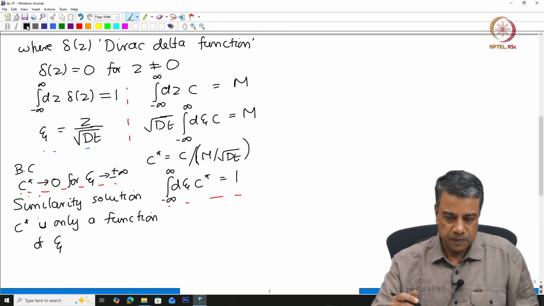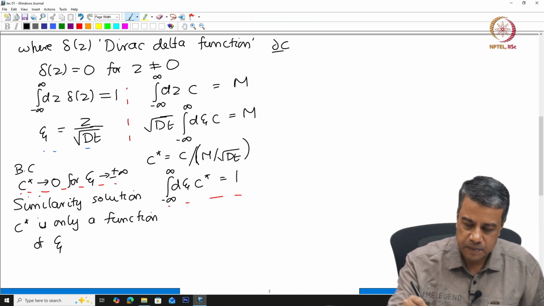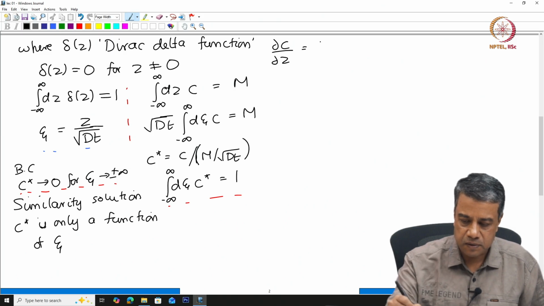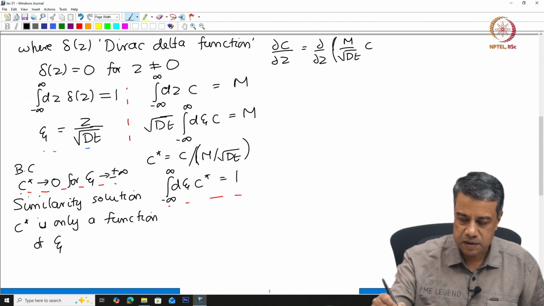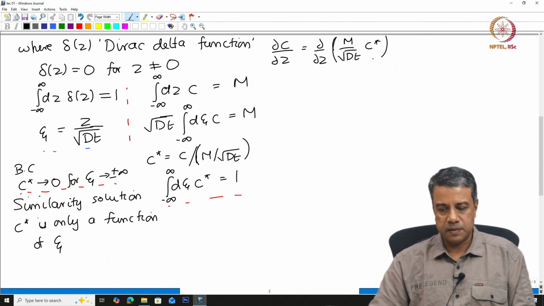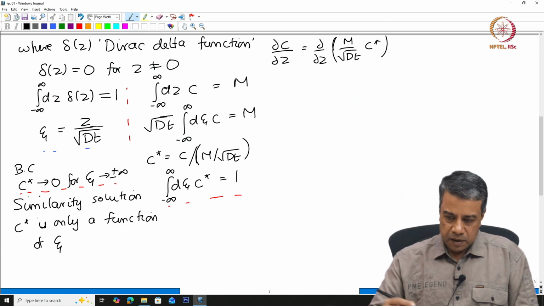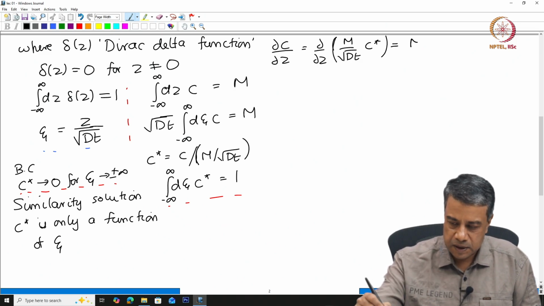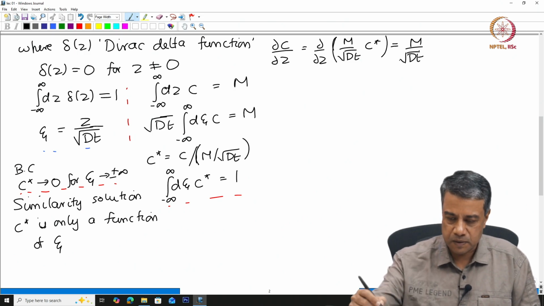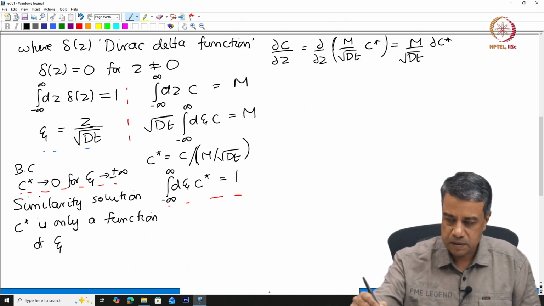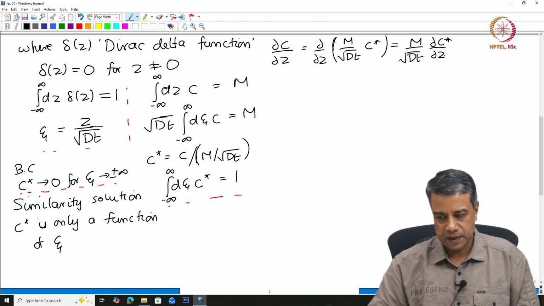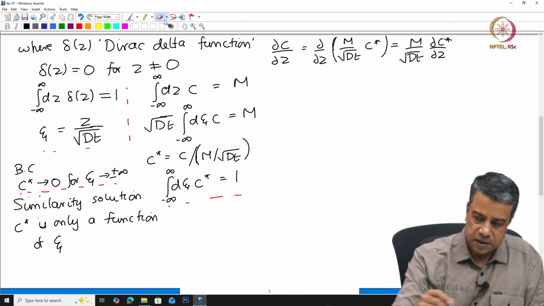So, partial c by partial z is equal to partial of m by root Dt times c star, because c star is c by m by root Dt. So, I can take the m by root Dt out, because t and z are independent coordinates, and I will get m by root Dt times partial c star by partial z.